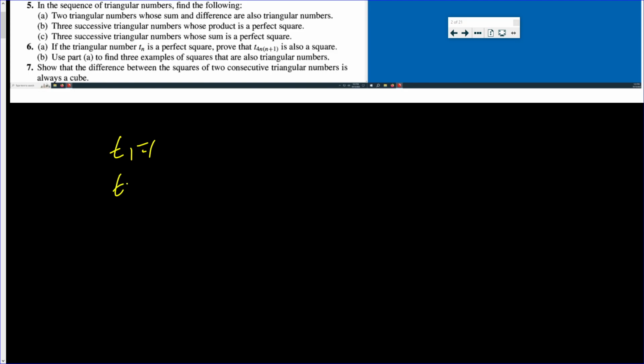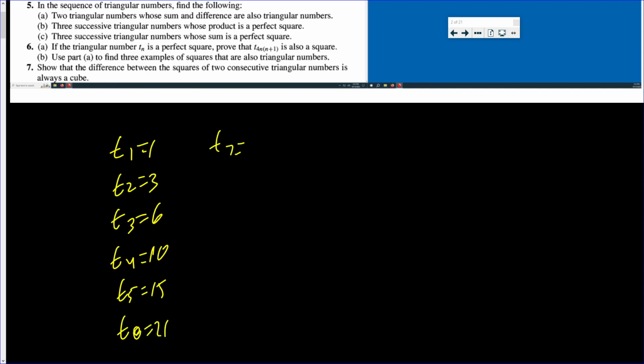T1 is 1, T2 is 3, T3 is 6, T4 is 10, T5 is 15, T6 is 21, T7 is 28, T8 is 36, which is 6 squared.